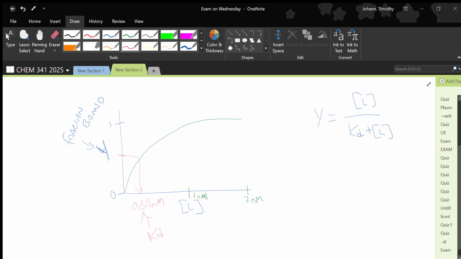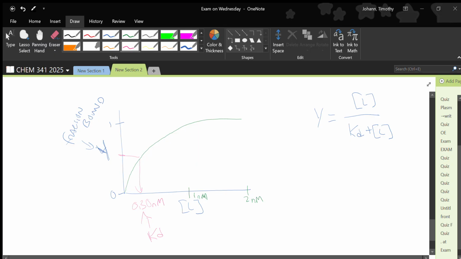Right. Okay. So what if the graph was drawn, but it looked like this? Actually, let's make it a little bit taller. Okay, so it didn't quite get to 1 there. Where would I read this?